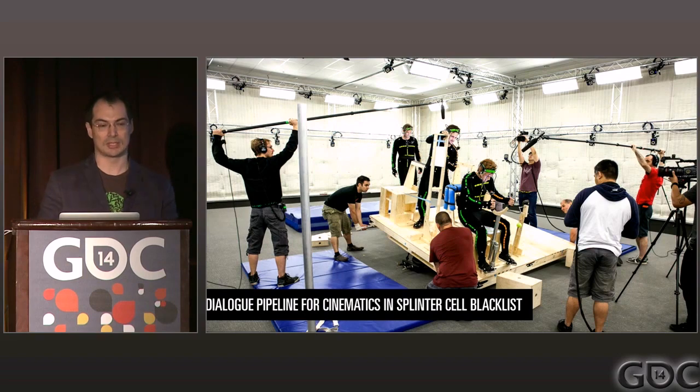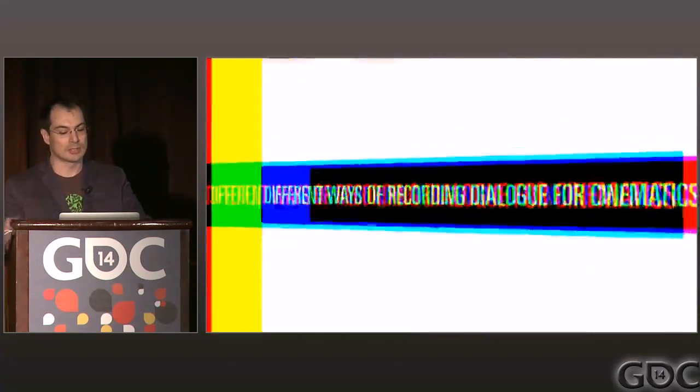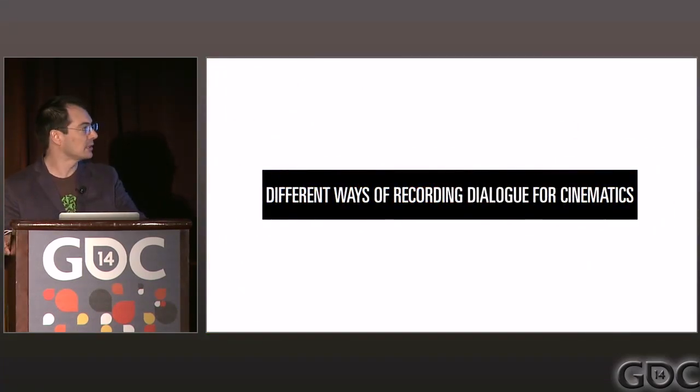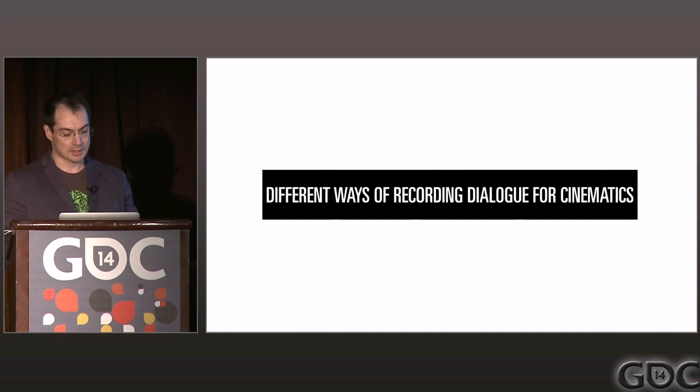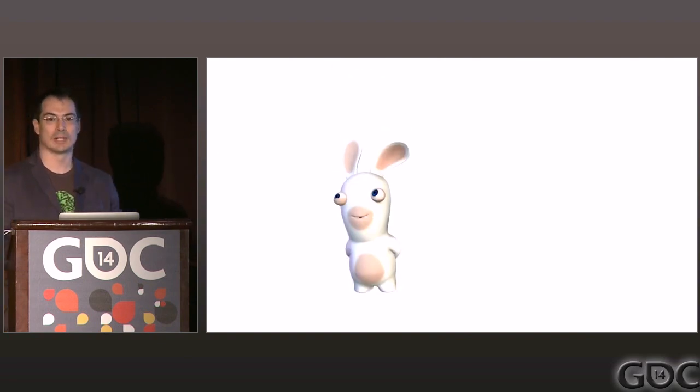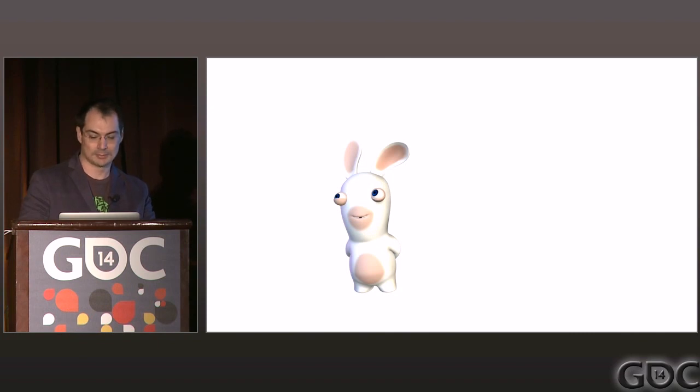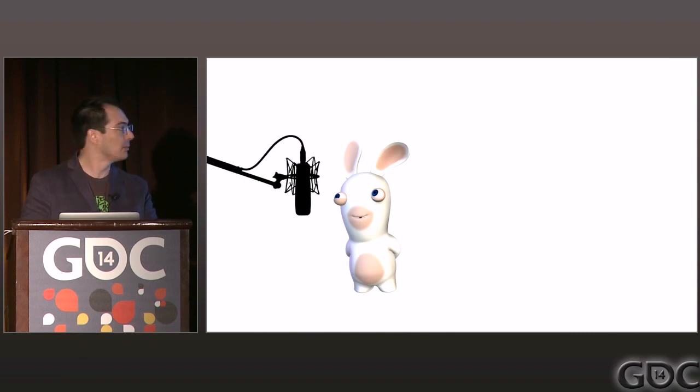So I would like to start by talking about different ways of recording dialogue for cinematics. And I tend to divide this into three categories. They overlap a little bit, so they're not supposed to be gospel or anything like that. But the first way is essentially booth only. So we have one actor in a booth with a microphone and a script.